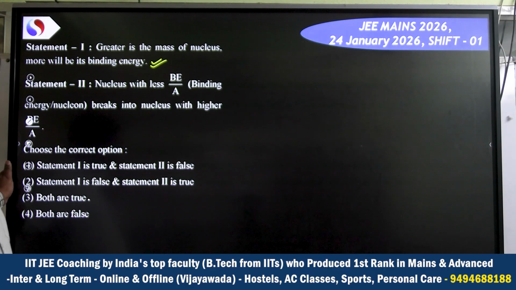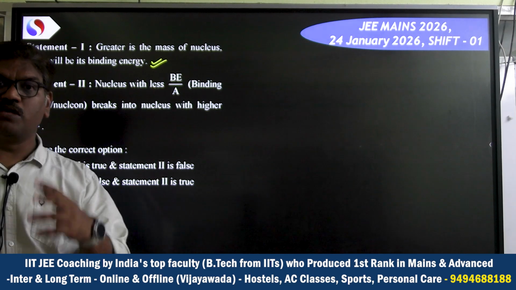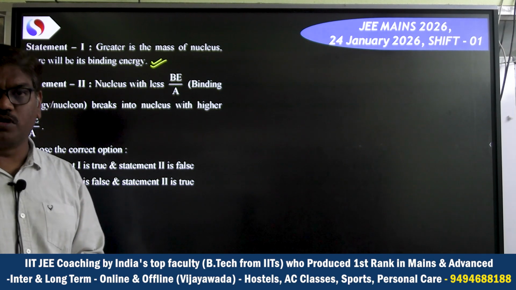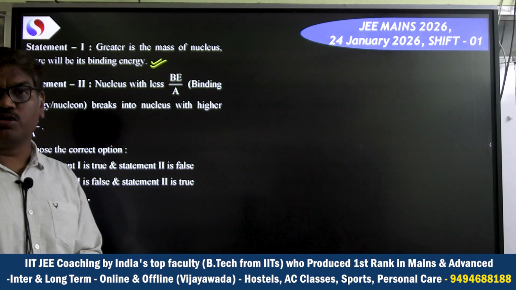Even if the mass is more, the number of nucleons is also more, so the energy per nucleon can be less, and that is the deciding factor for stability, right? For example, uranium is very heavy, but nucleons are also more, so binding energy per nucleon is less.